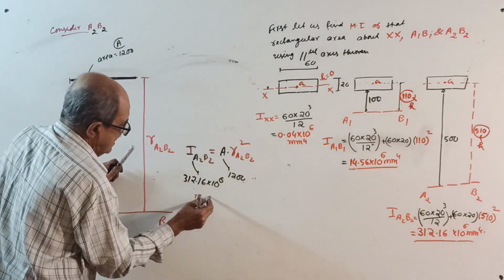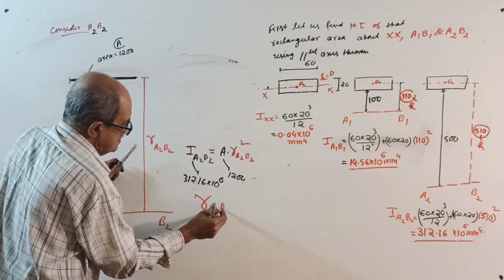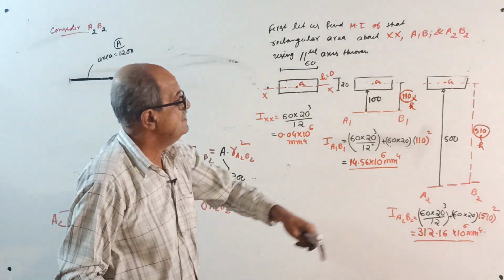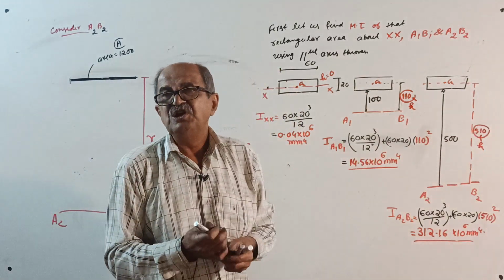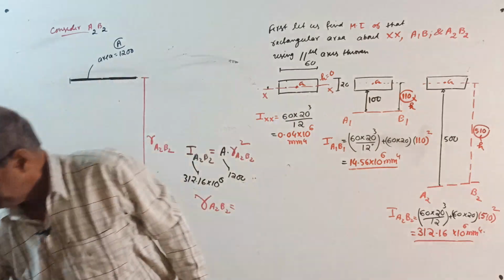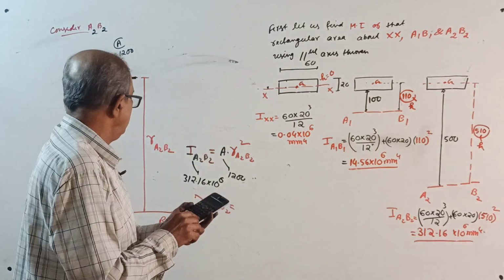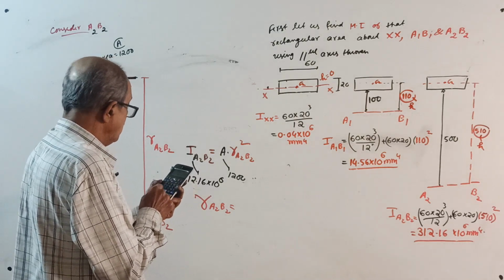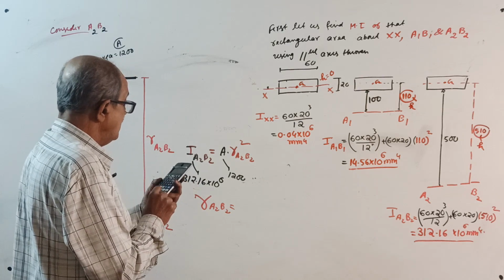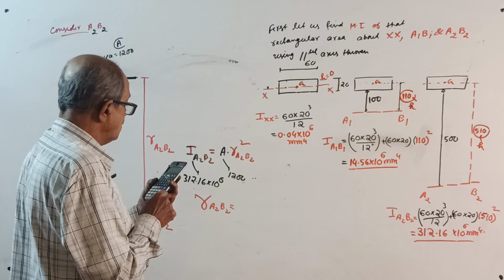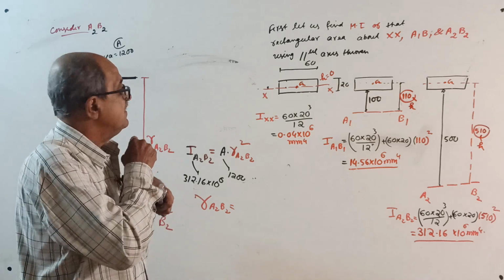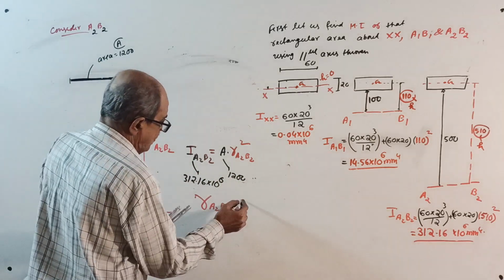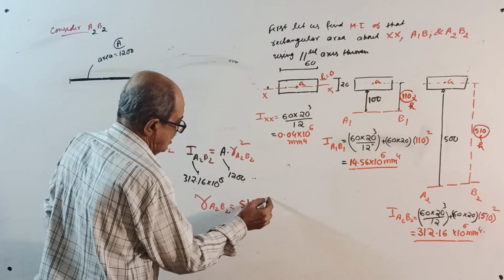So R about A2B2 equals the square root of 312.16 times 10 to the power 6 divided by 1200. H is 510, so it will be slightly more than 510. The answer is 510.03 millimeter.